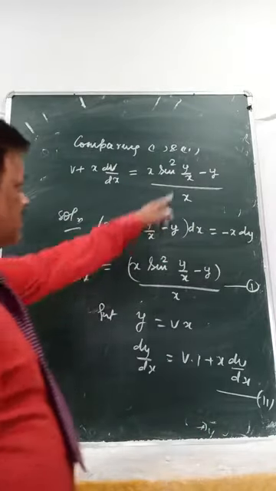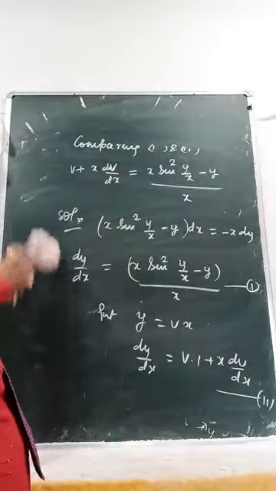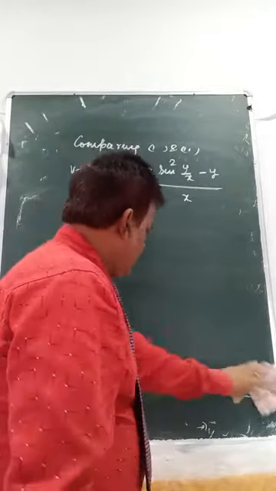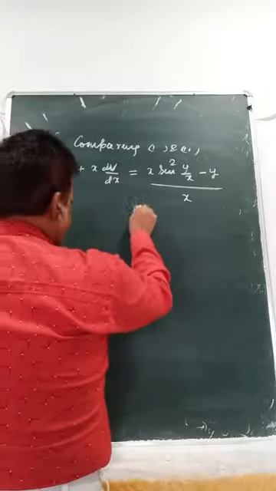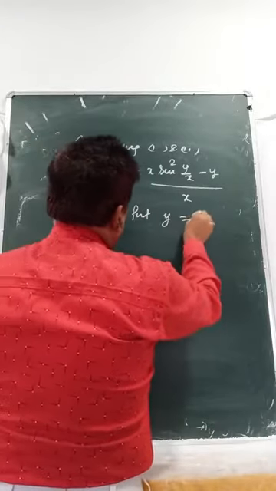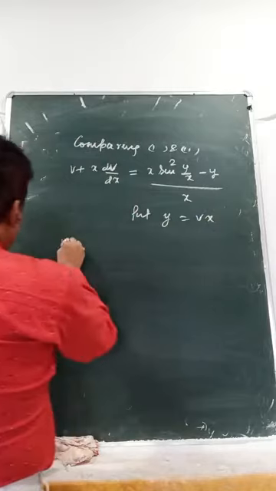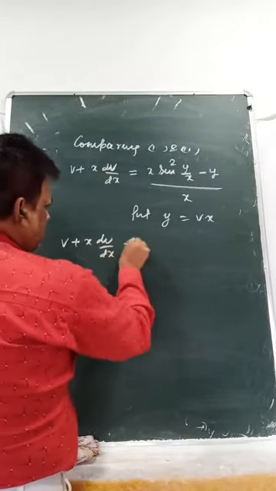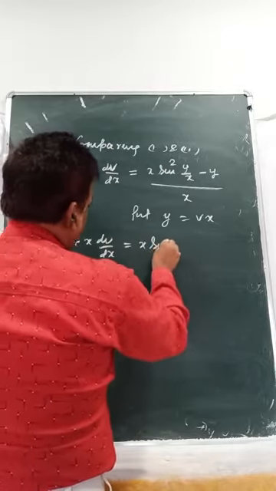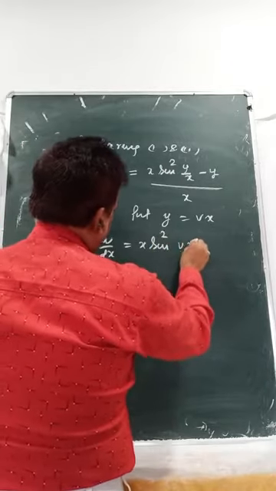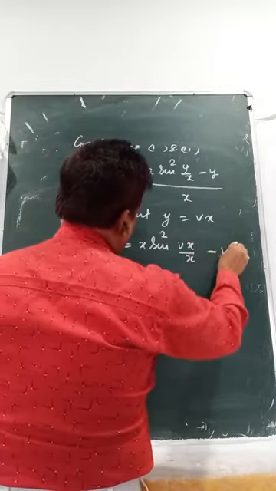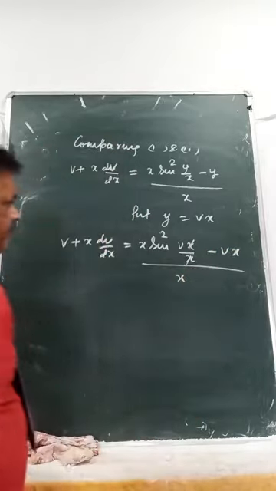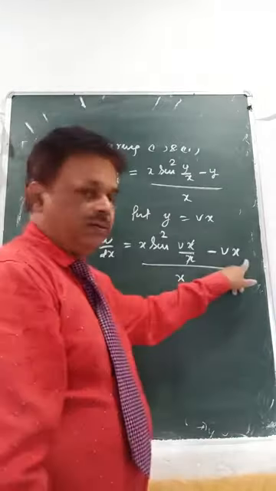Put y equals vx. So v plus x dv by dx equals x sin square vx by x minus vx, divided by x. Now x is common.